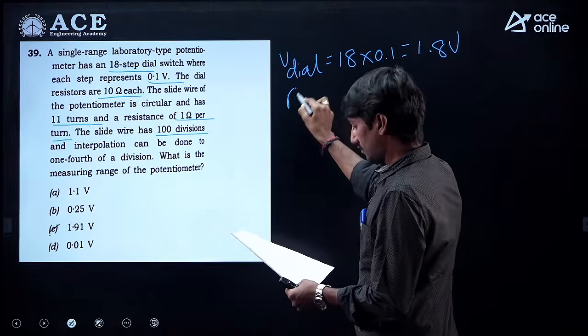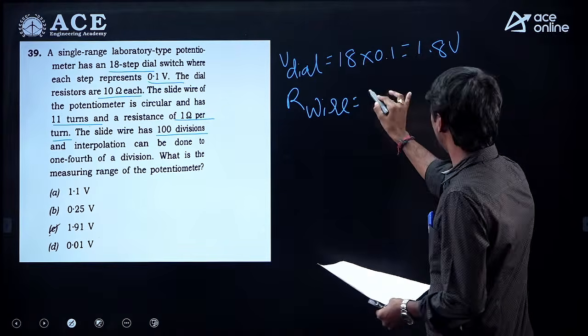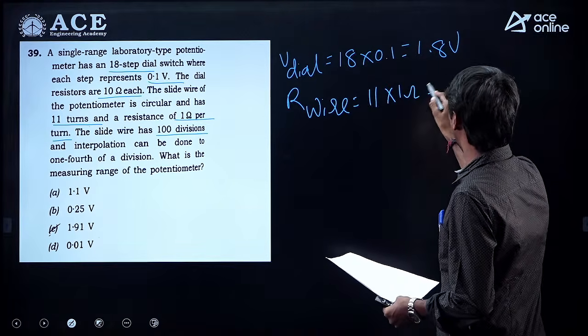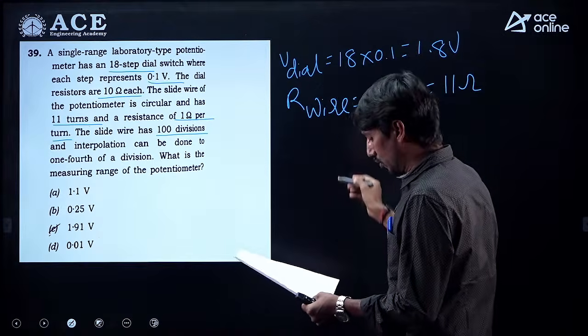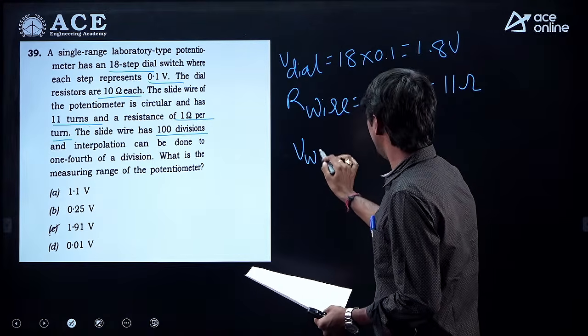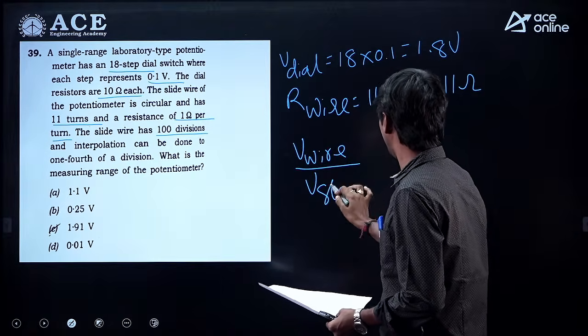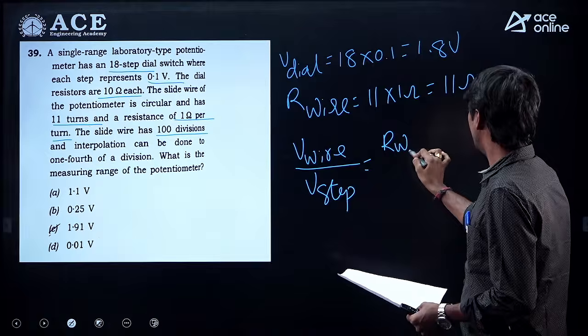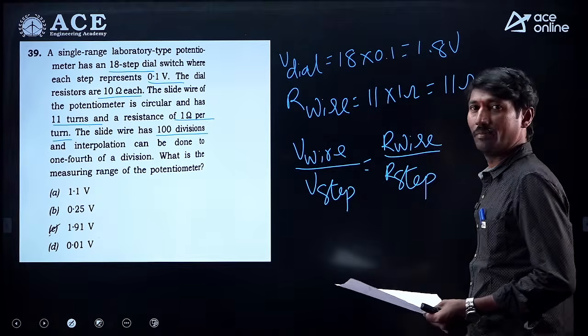After that, R wire. What is the R wire value? Simply 11 into 1 ohm, so totally 11 ohm. After getting this, use the formula V wire by V step equals R wire by R step.